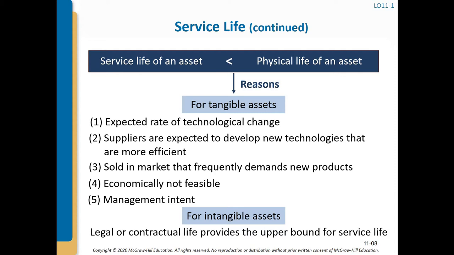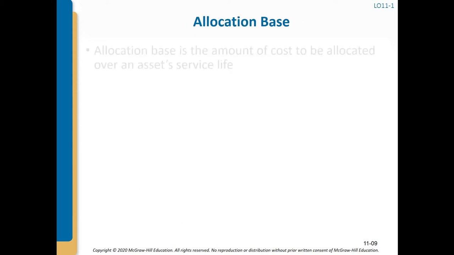Every year we are getting a newer version of the iPhone, so the expected life of the older version is going to be less. Meaning, the physical life aside, we usually like to have the newer version of the iPhone. And for intangible assets, legal or contractual life provides the upper bound for service life.